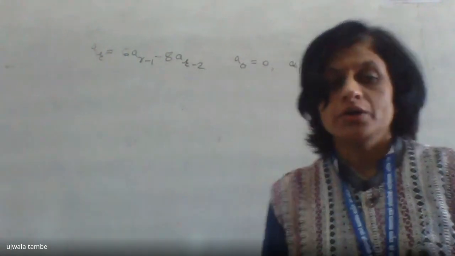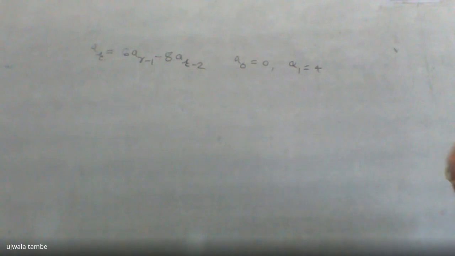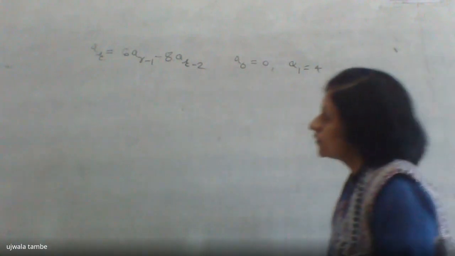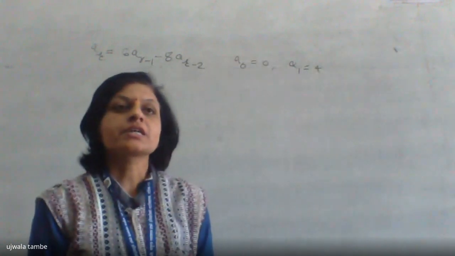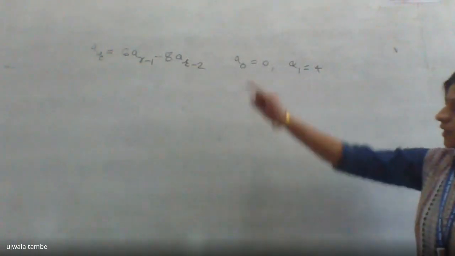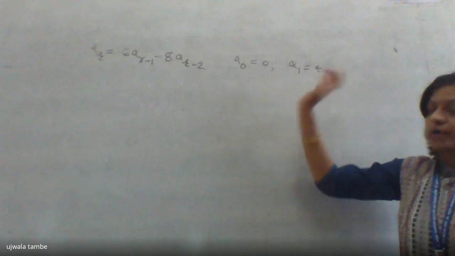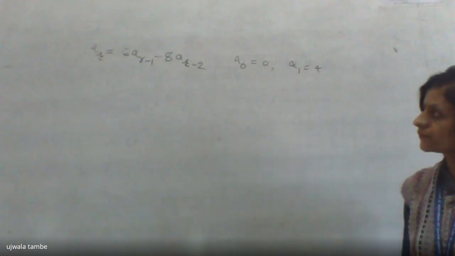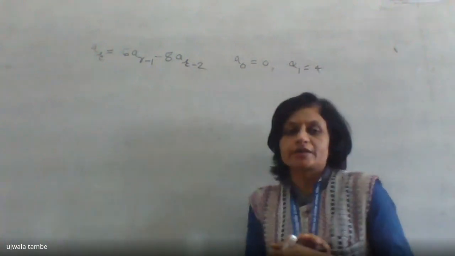To solve the recurrence relation, first find the characteristic equation. The initial conditions are given, a_0 is 0 and a_1 is equal to 4. How to calculate the characteristic equation?